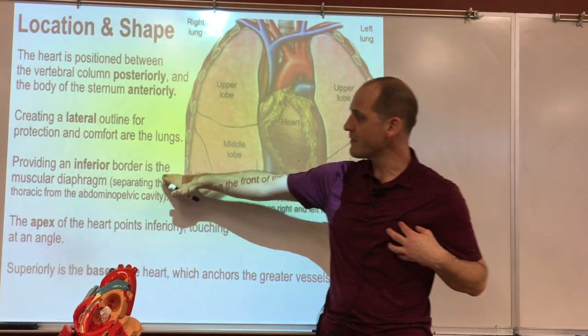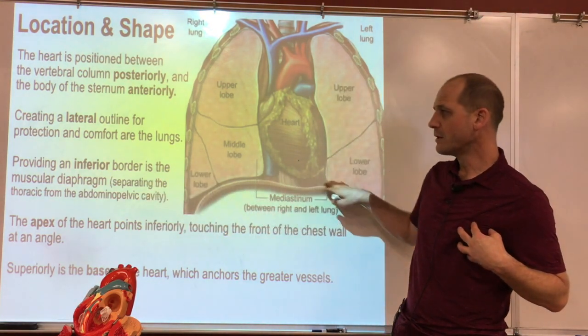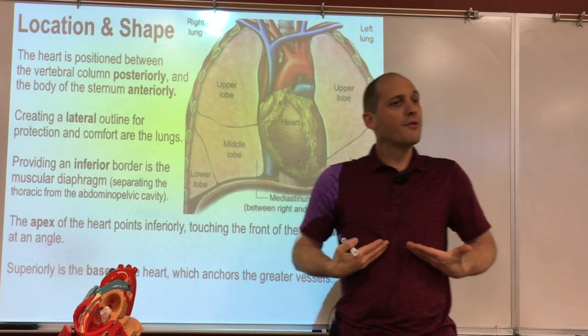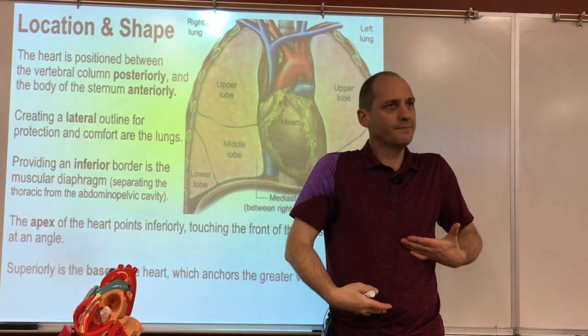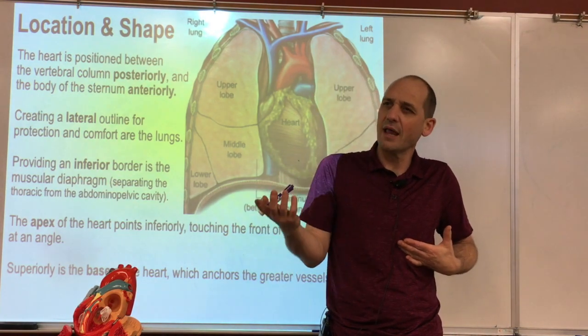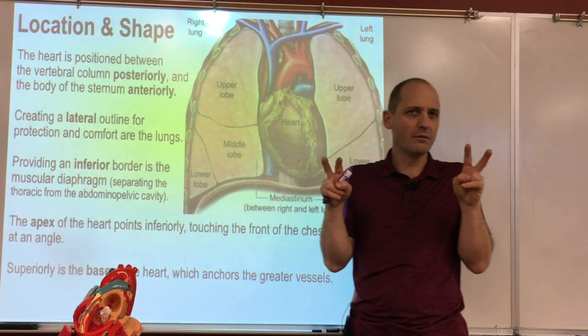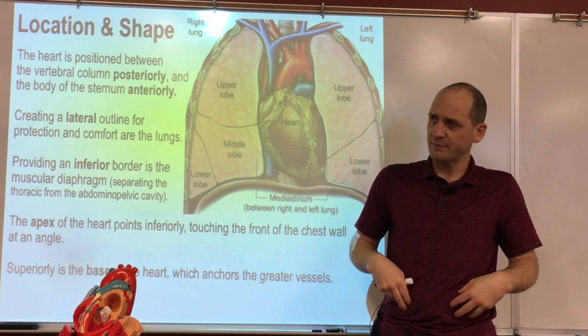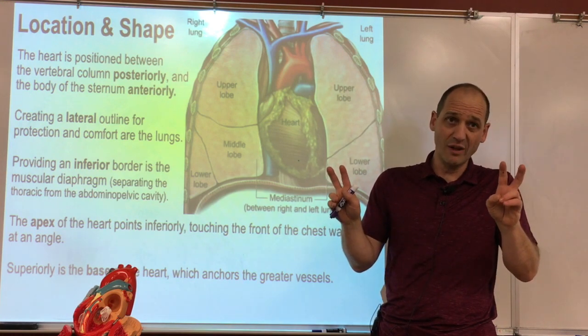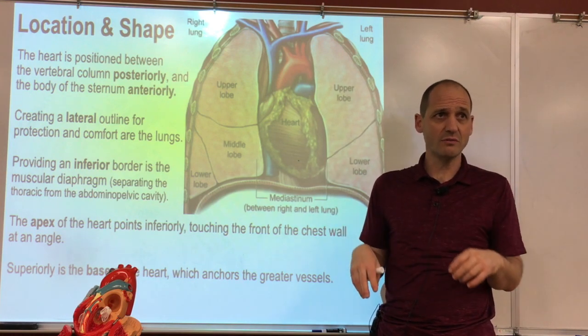On the bottom side, we have the diaphragm, the muscle that separates the thoracic cavity from the abdominal cavity. I always think of the thoracic cavity as mostly air, and in the abdominal cavity there's no air, it's all liquids and solid stuff.